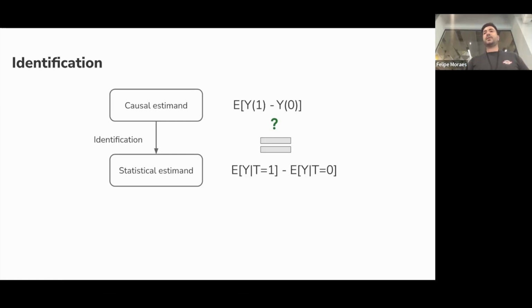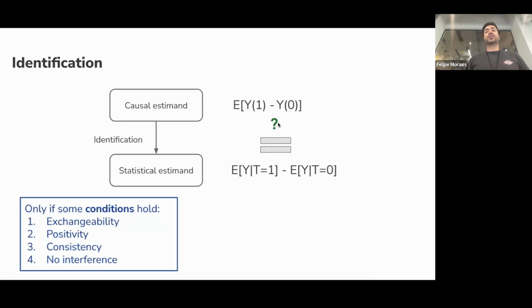And to do this identification, to be able to say that these two things are equal, I have to provide some conditions. We have 4 conditions we have to follow. I'm going to go over the 4 of them with a few examples of what happens when you have a violation of those conditions.